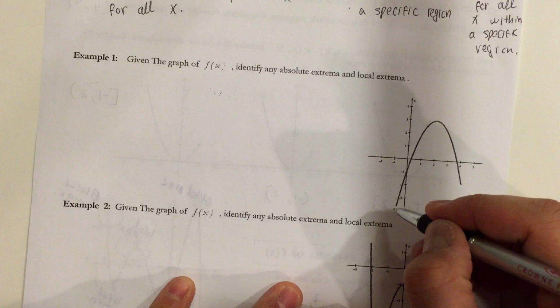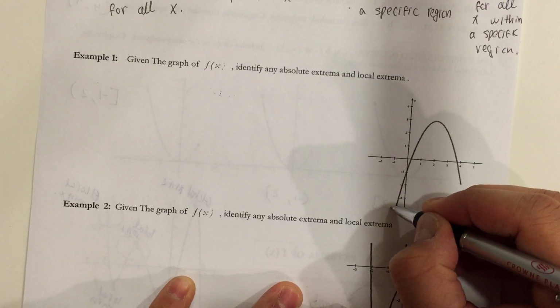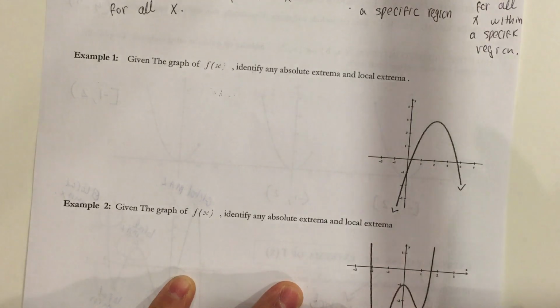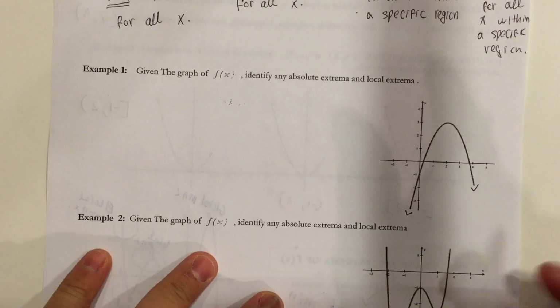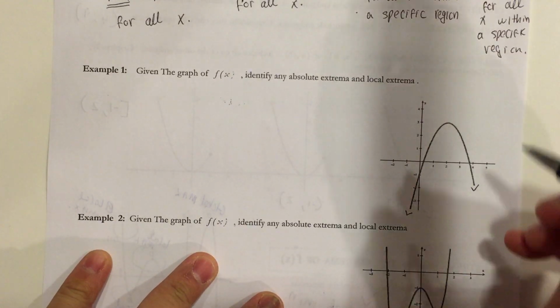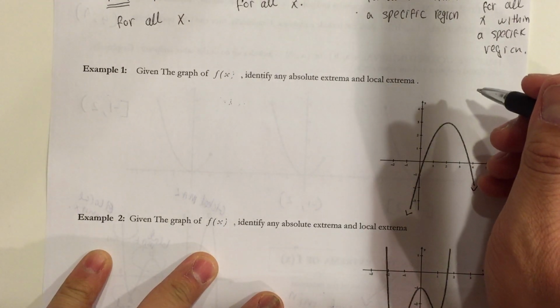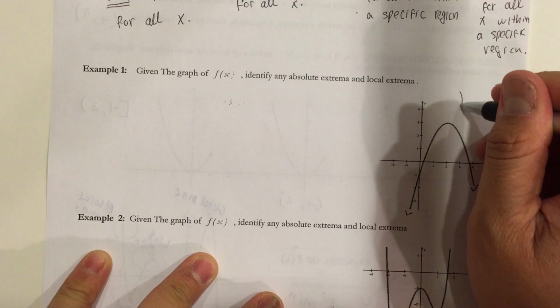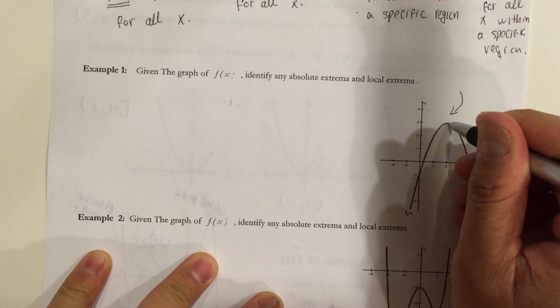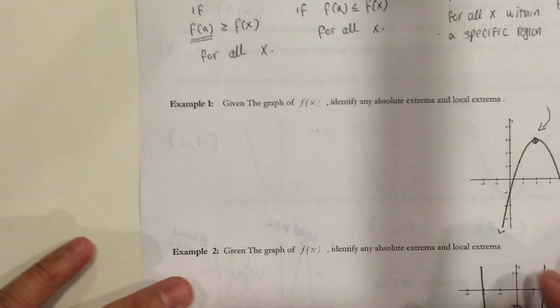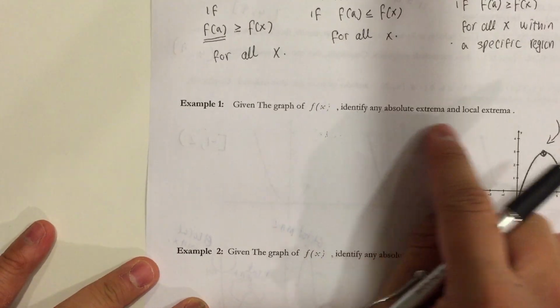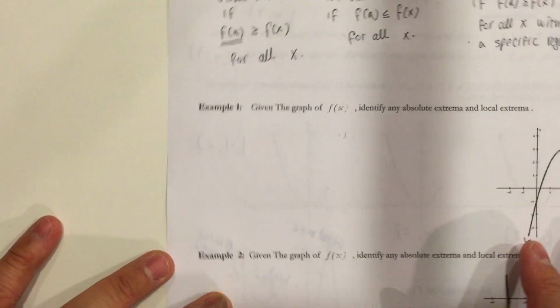So this graph here will go on forever. I'm going to put arrows on here so that it goes on forever. So the only extreme values it has take place right here, okay? So it says identify any absolute extreme and local extreme.